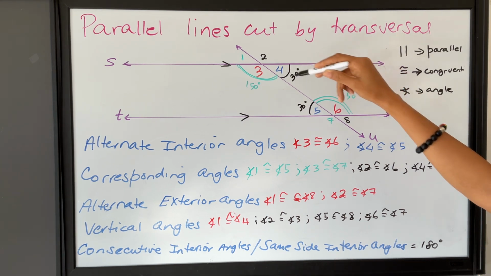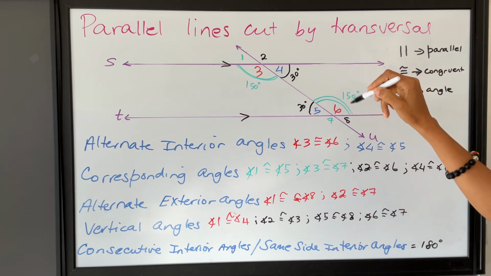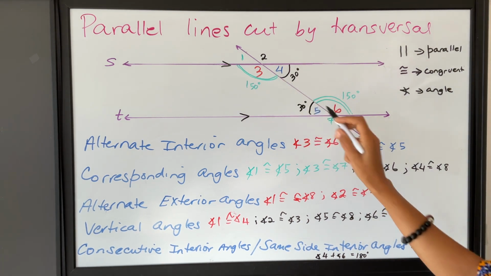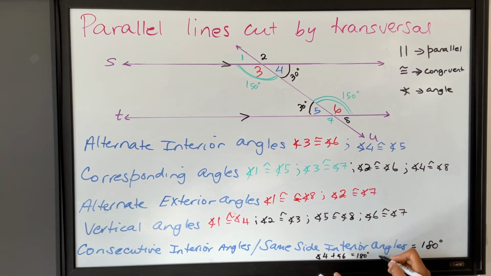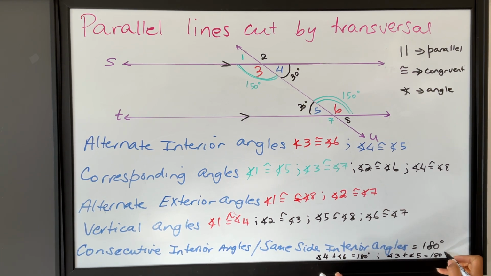That is your pair of consecutive interior angles, angle 4 and 6. So you have angle 4 plus angle 6 equals 180 degrees. Okay, another example, angles 3 and 5. So angle 3 plus angle 5 is going to give you 180 degrees.